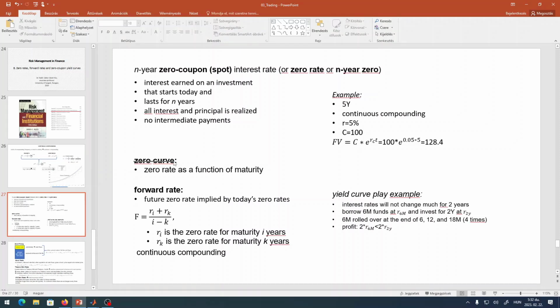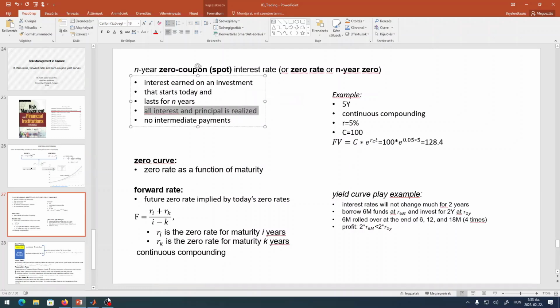From now on, we will always use the zero curve. Practically we are always using it, we just never call it a zero curve, because everything is calculated back to today. It starts today, lasts for n time periods, n years or n months, and all interest and principal is realized in these cases.